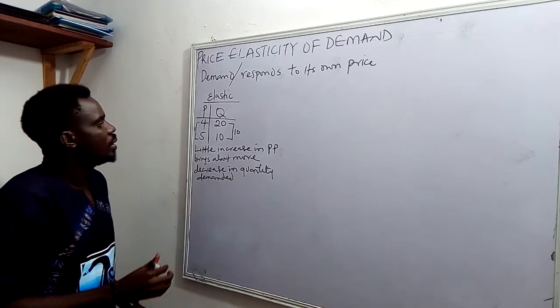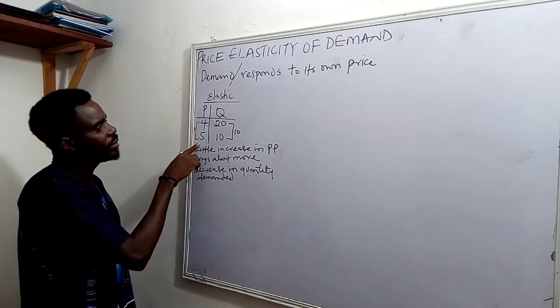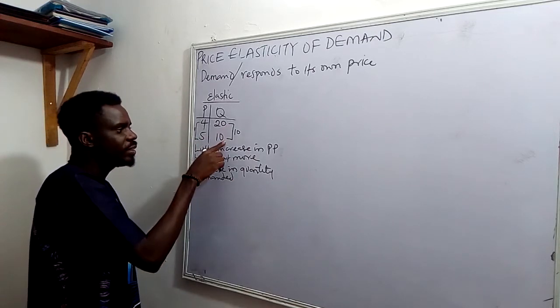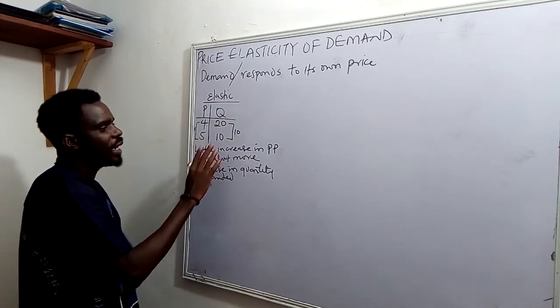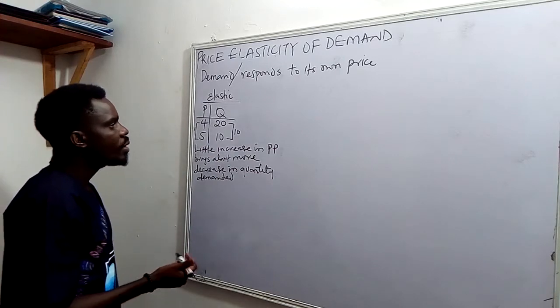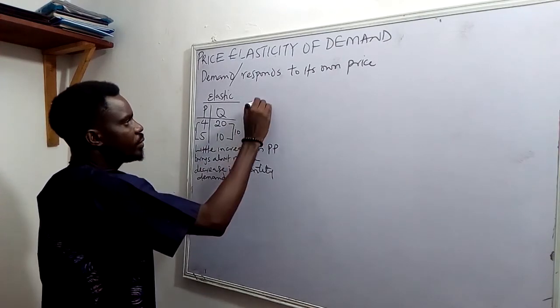When a little increase in price brings about more decrease in quantity demanded, we conclude that such a product is price elastic. And we can represent this on a graph.